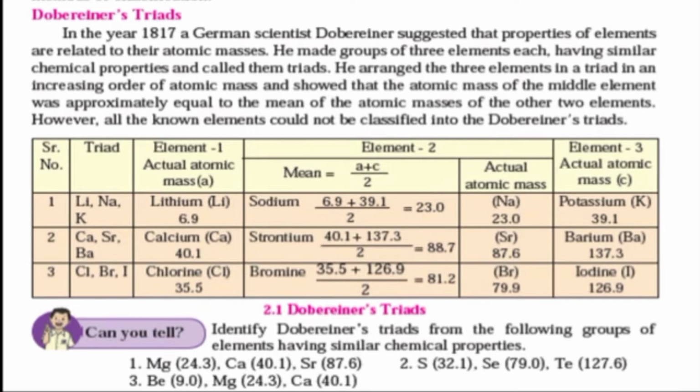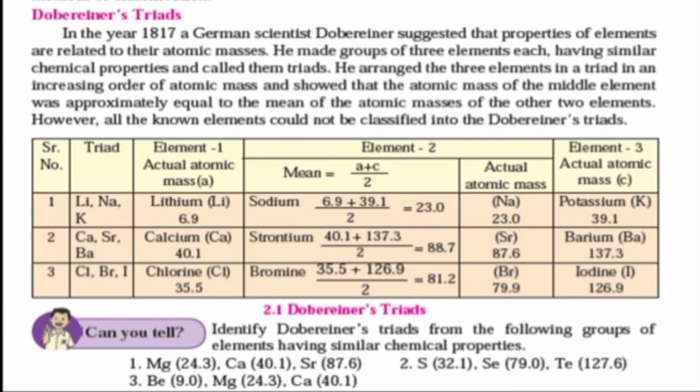When we take a look at the first example in the table given here, we see lithium, sodium and potassium. The atomic mass of lithium is 6.9 while that of potassium is 39.1. When we take the average of the atomic masses of the two, we get 23, which is exactly the atomic mass of sodium.